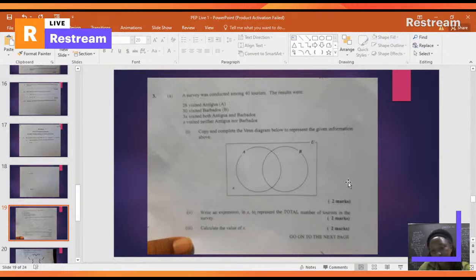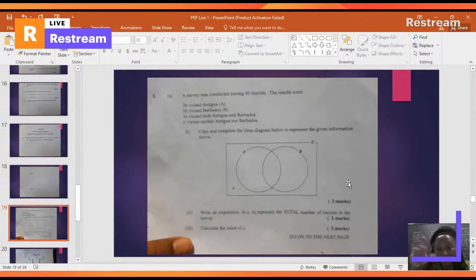The results were as follows. 28 visited Antigua, 30 visited Barbados, 3x visited both Antigua and Barbados, and x visited neither Antigua nor Barbados. So in the middle, in the intersection, we're going to put 3x because 3x visited both. So that's where the two sets overlap.